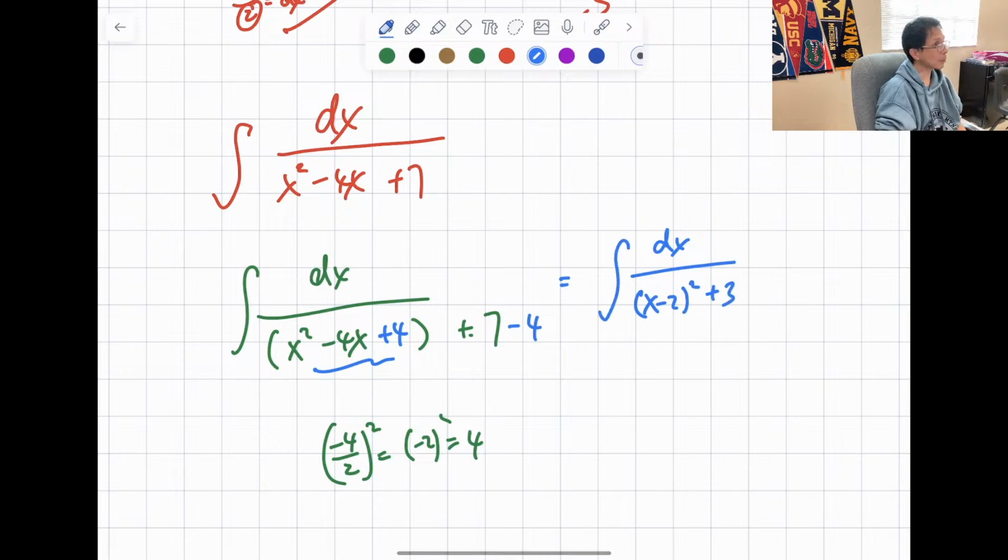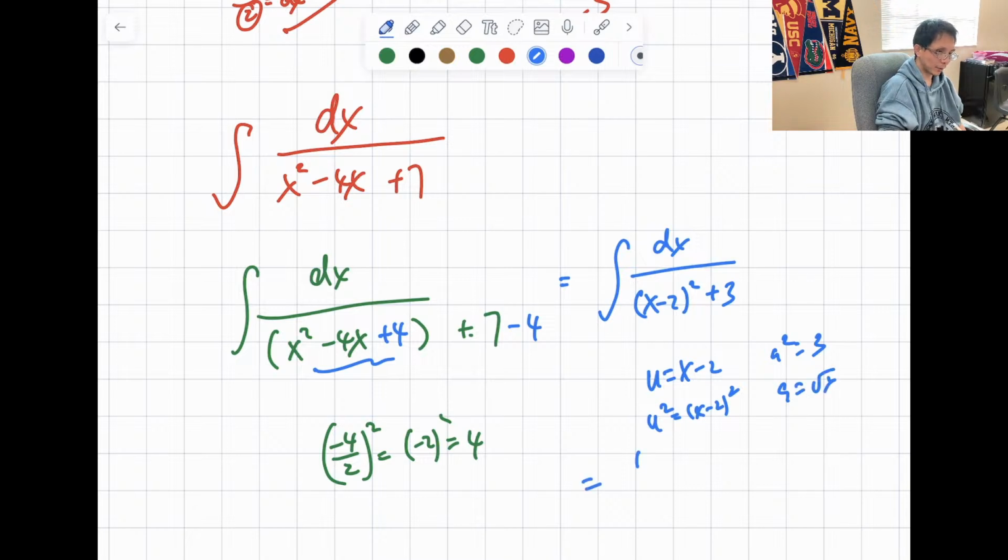Now it becomes what? What kind of format is this? Arcsine, arcsecant, arctangent? No, not sine. Arctan. u is equal to x minus 2, so u squared is equal to x minus 2 squared. a squared is equal to 3, so a is equal to root 3.